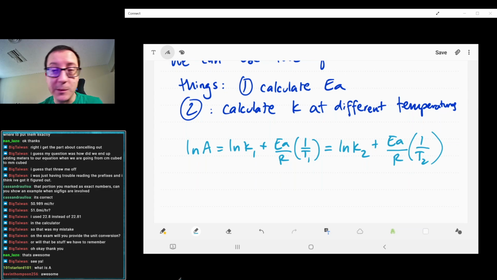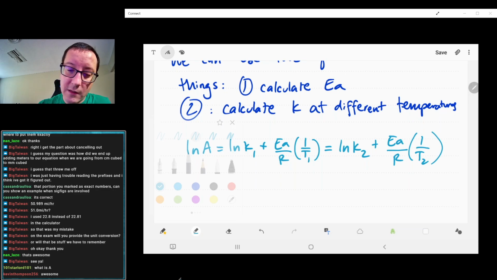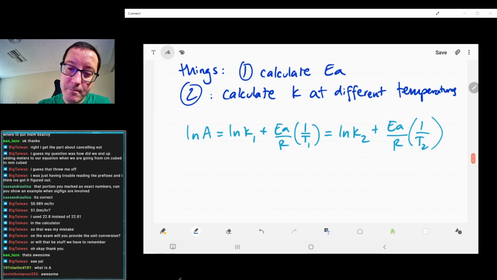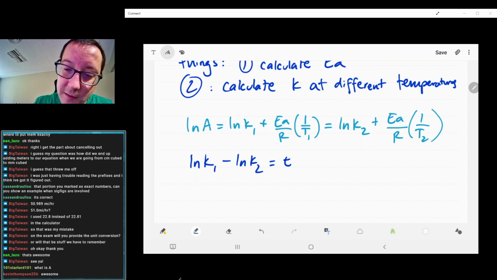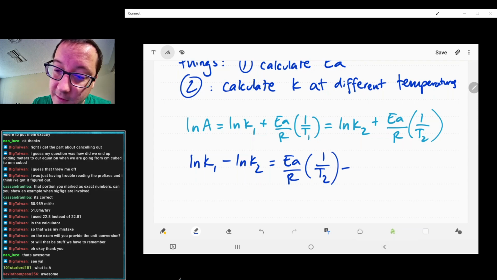Remember, rate constant depends on temperature. Throwing this all together, we can say that natural log of K1 minus natural log of K2 equals EA over R times 1 over, I hate deriving equations, but some people like to see it.